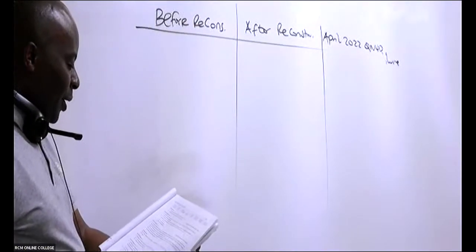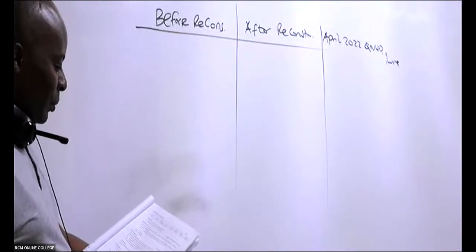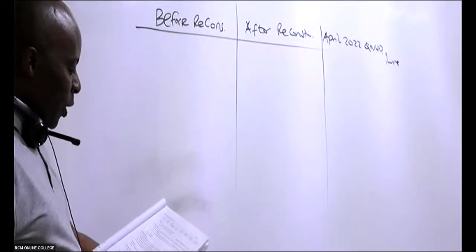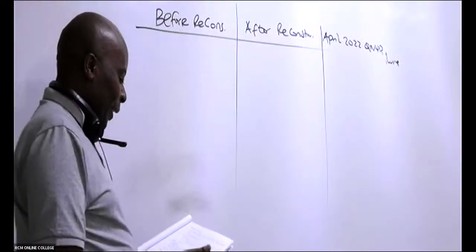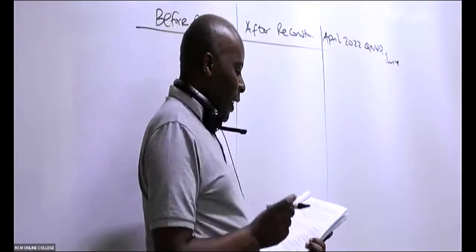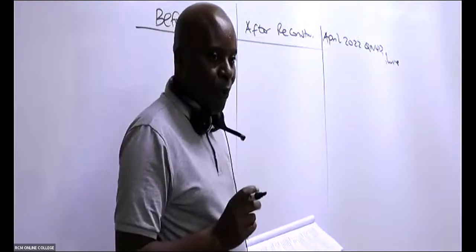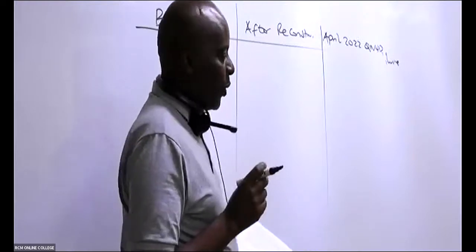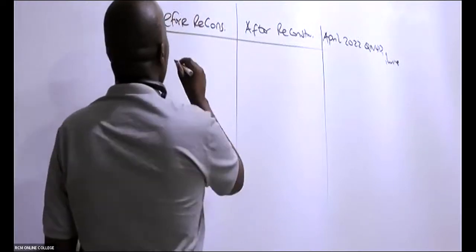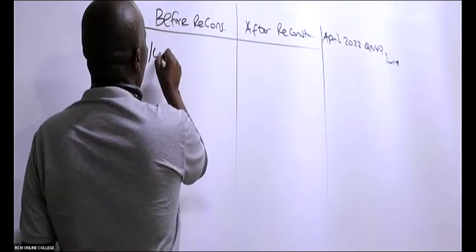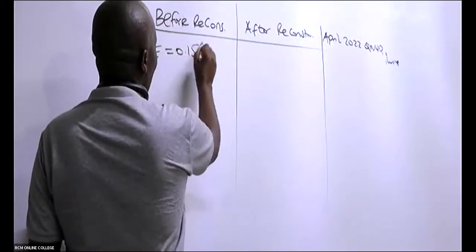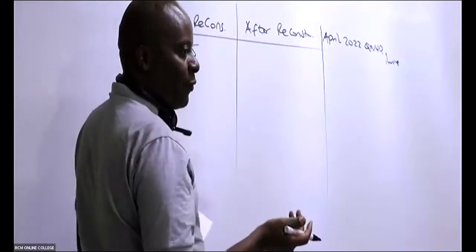So before reconstruction, what are we told there? Look at the last paragraph. There are only 2 paragraphs. The second paragraph is where they're giving us the debt to equity ratio. So the old debt to equity ratio was 0.15.